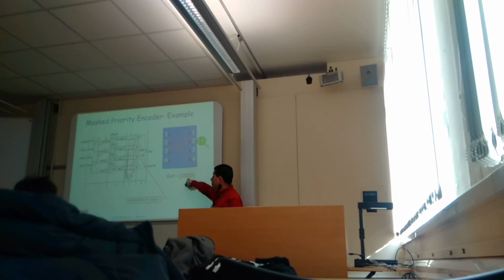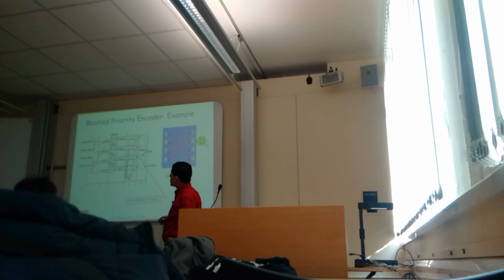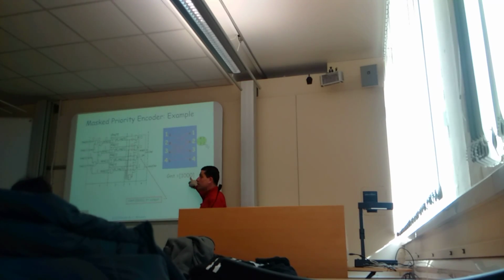When you start from this, you will end up negating every grant you have. So this is your original starting point. When you negate them, you end up with 0, 1, 1, 1, which is the negation of this. Then what do you do?